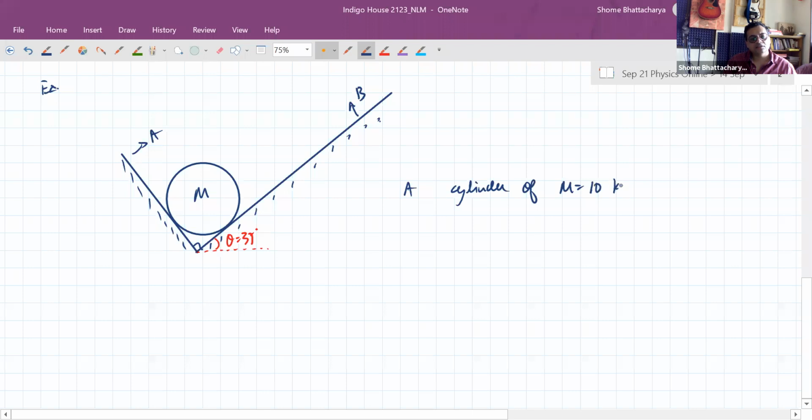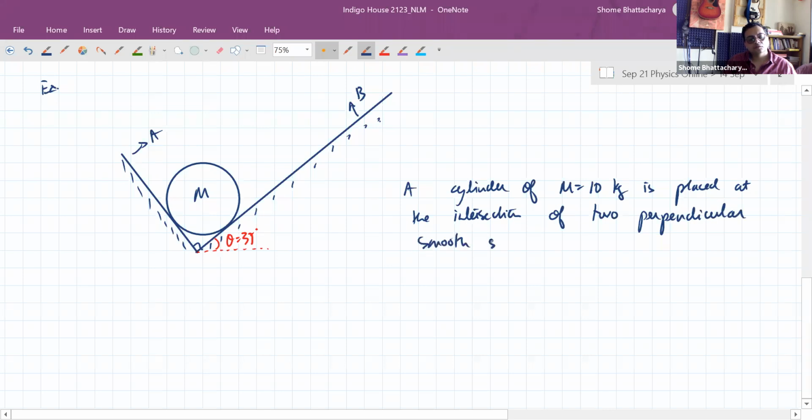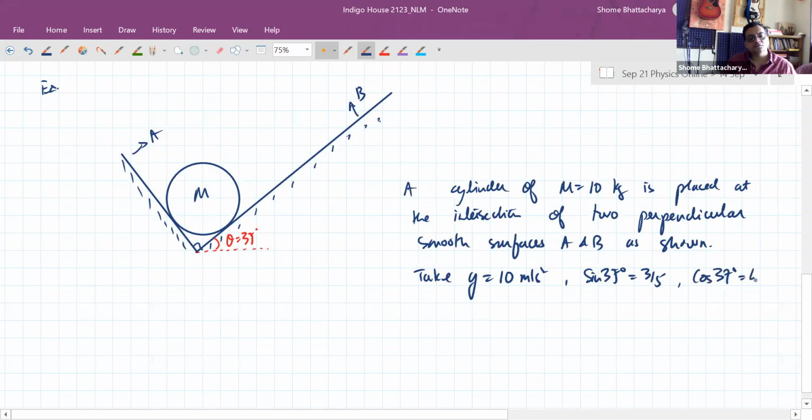So a cylinder of mass, let us say 10 kg, is placed at the intersection of two perpendicular smooth surfaces, A and B. Take g equal to 10 meters per second square, sine 37 as 3 by 5, cos 37 as 4 by 5.